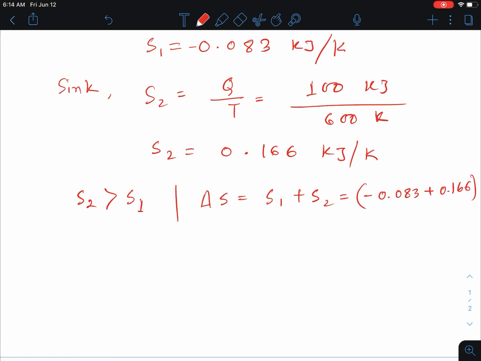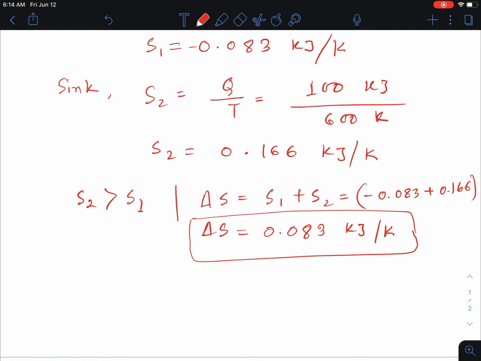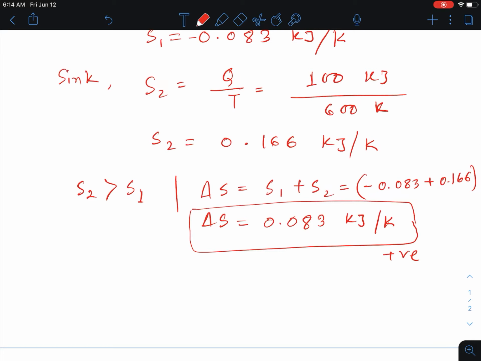So delta S equals 0.083 kilojoule per Kelvin. So that's the change in entropy of the system, and we can see that this is a positive quantity. That means it's satisfying the increase of entropy principle.